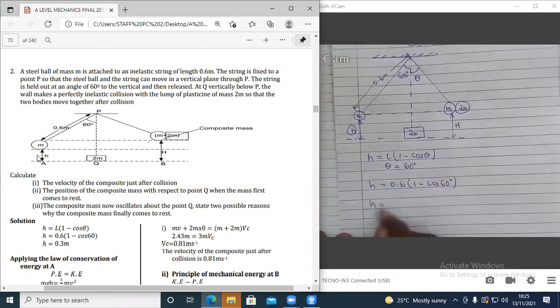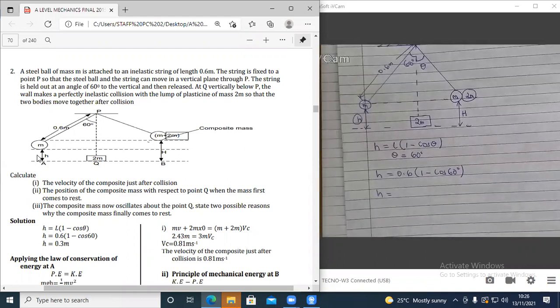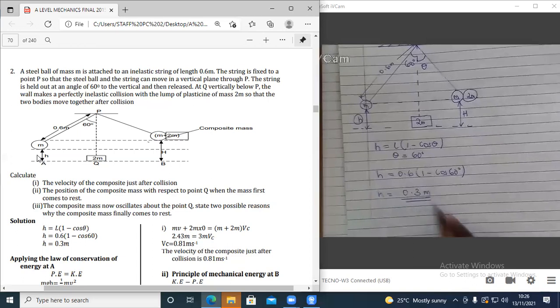Working it out, 0.6 times 1 minus cos 60, we get 0.3 meters.